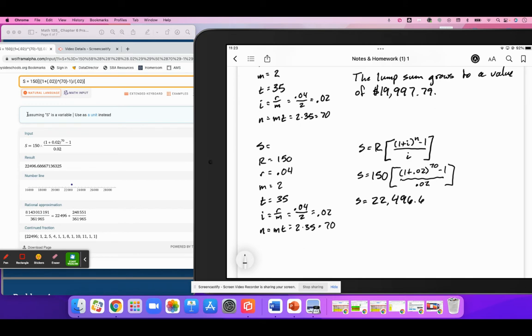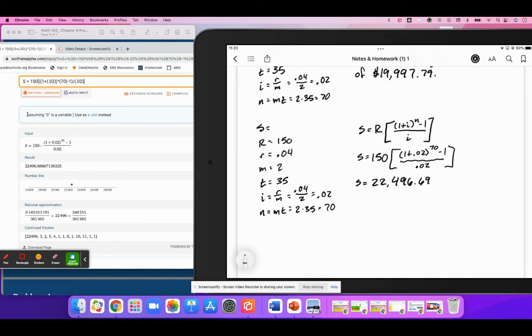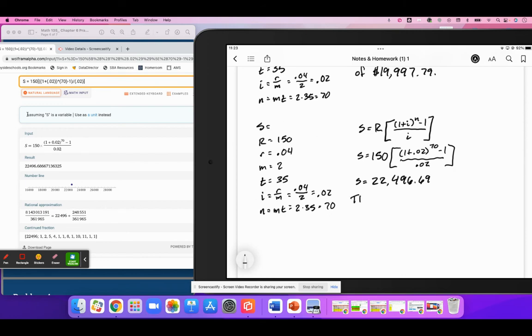And so the annuity portion of this grows to a value of 22,496.69.